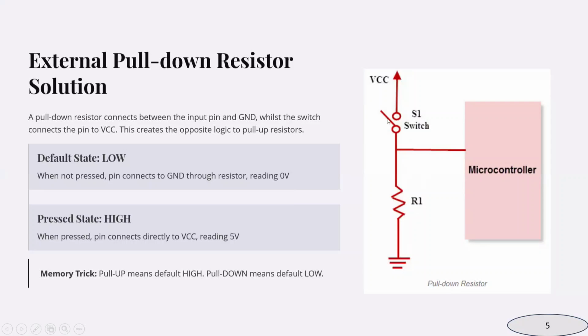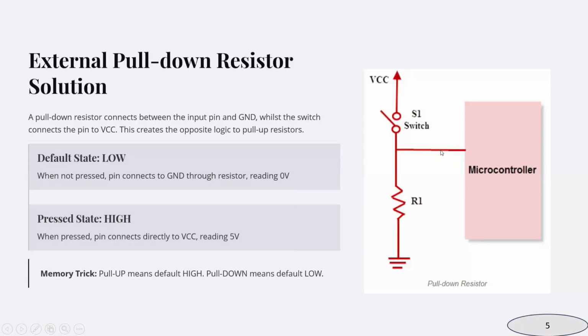Now assume that the switch is pressed, and the circuit is closed. What happens is the microcontroller will read a high value because the switch connects the input pin directly to VCC. So it reads a high value.